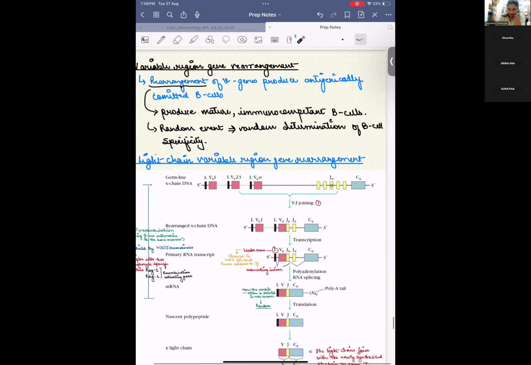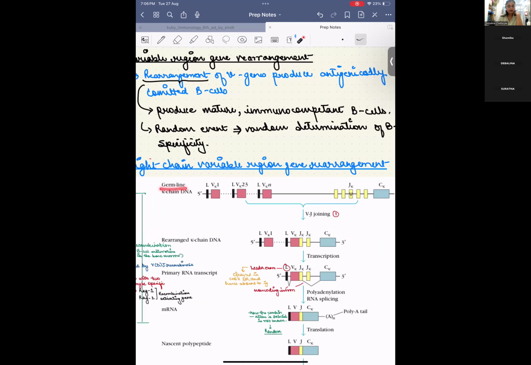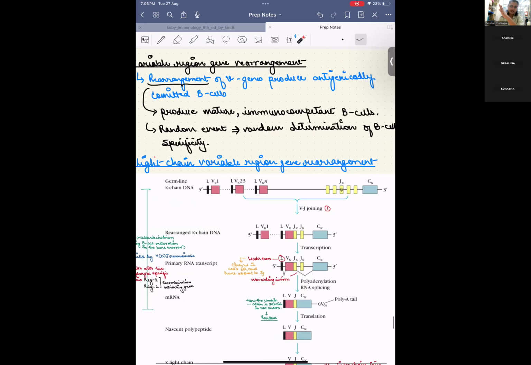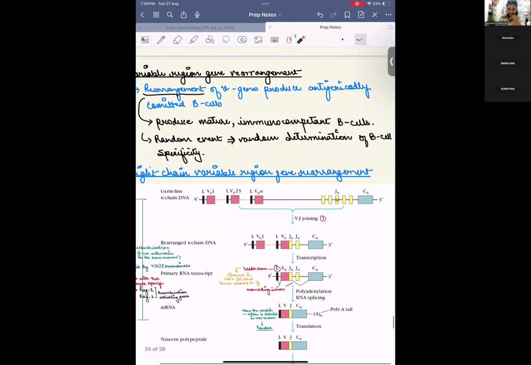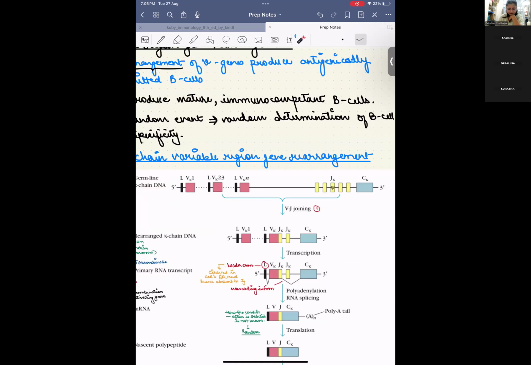So in the germline, we have discussed kappa. More often you will find the kappa chain discussed whenever we are talking about light chain gene rearrangement. So in the germline, this kappa chain DNA with different V regions possible, they come together. How do they come together?